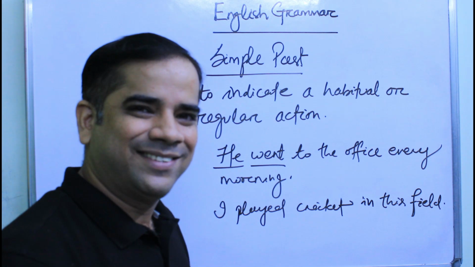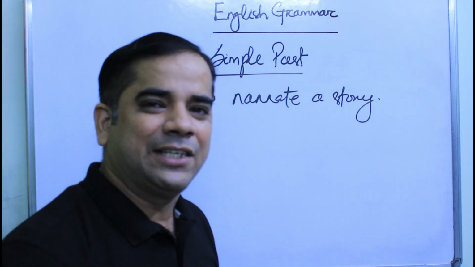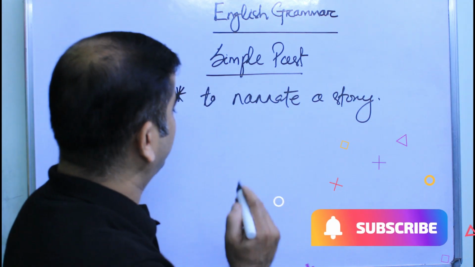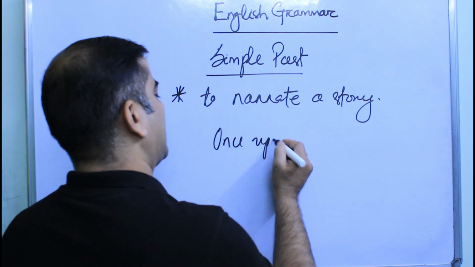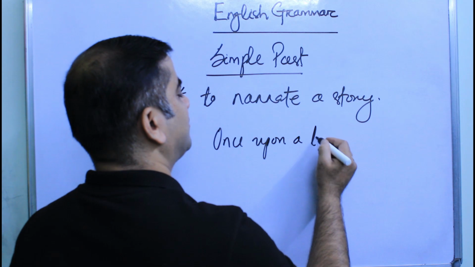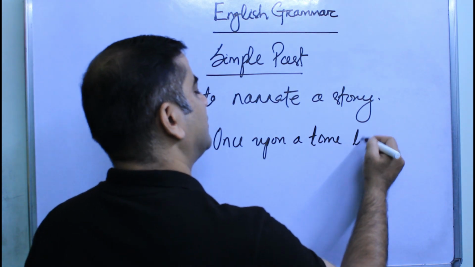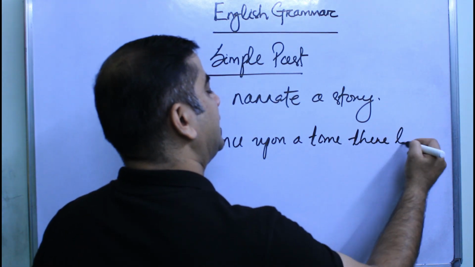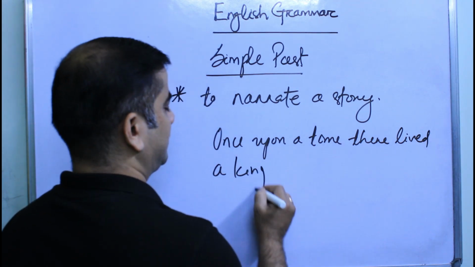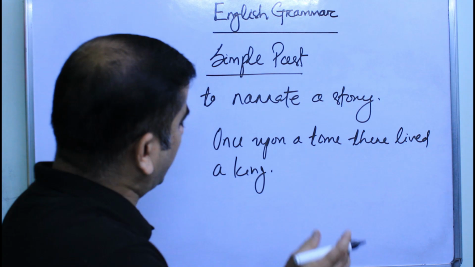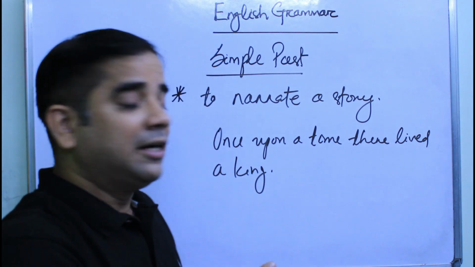Hope you understand. Students, simple past tense is also used to narrate a story. For example, once upon a time, there lived a king. See, in this case, we are talking about a king.